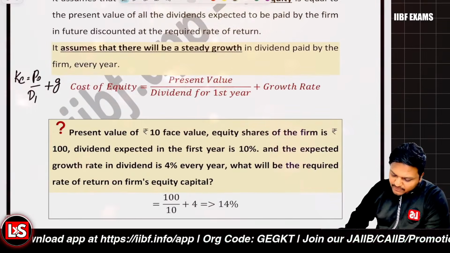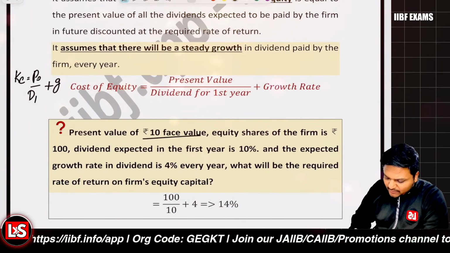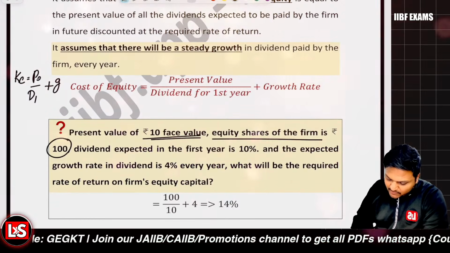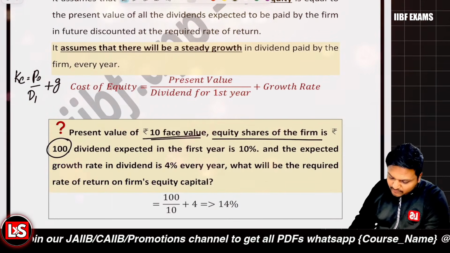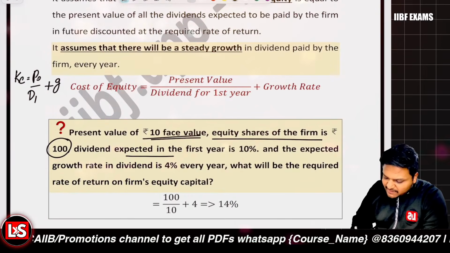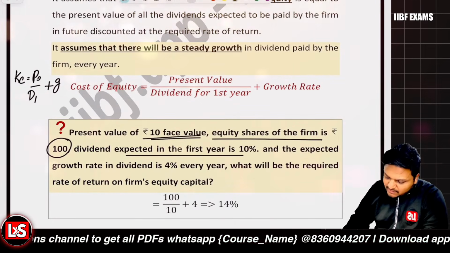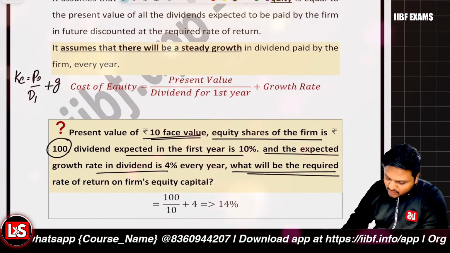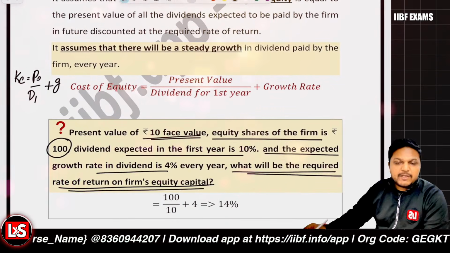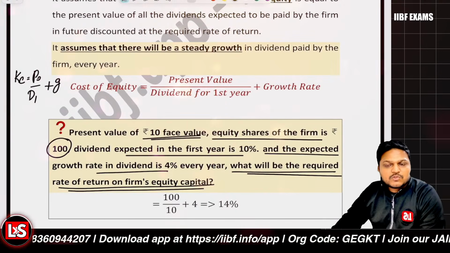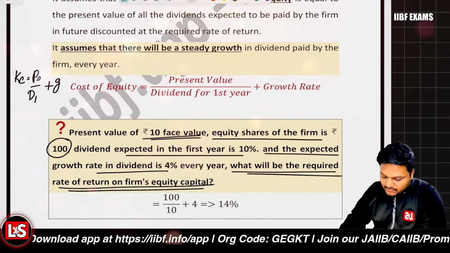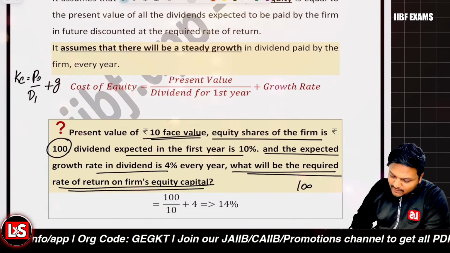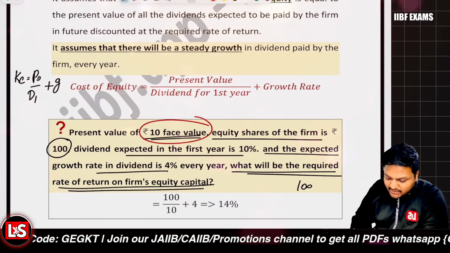Let's take an example. The face value of the firm's equity shares is 10 rupees, and the present value is 100 rupees. The dividend expected in the first year is 10%, and the expected growth rate is 4%. What will be the required rate of return on the firm's equity capital? It says present value of 10 rupees face value, so we do not consider the 10 rupees value here.